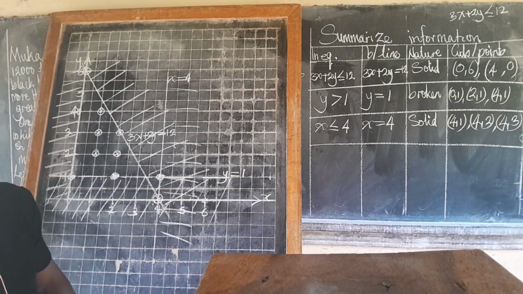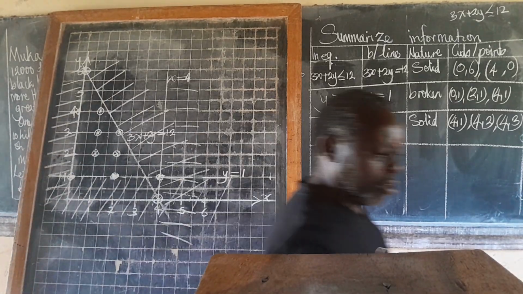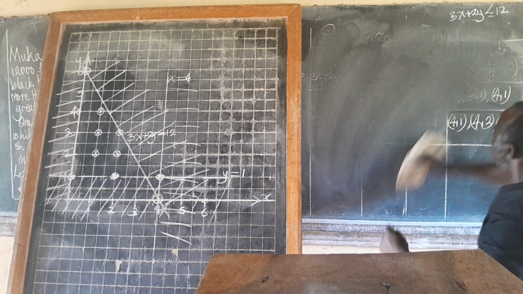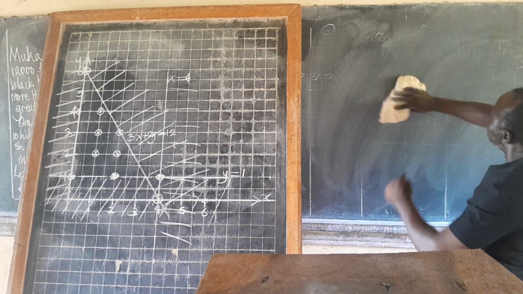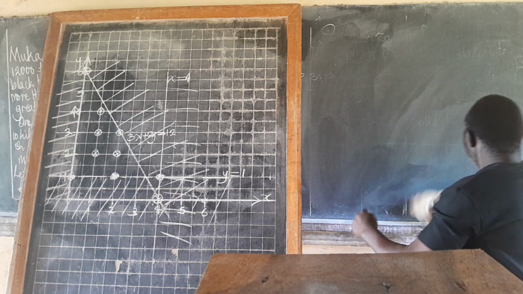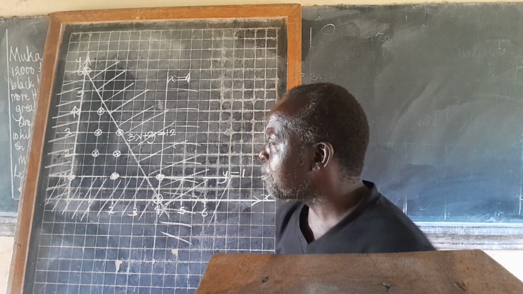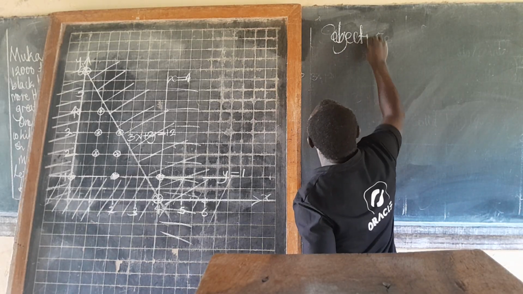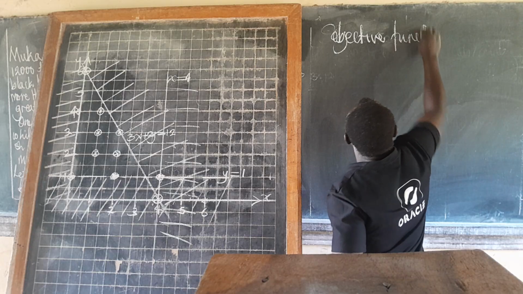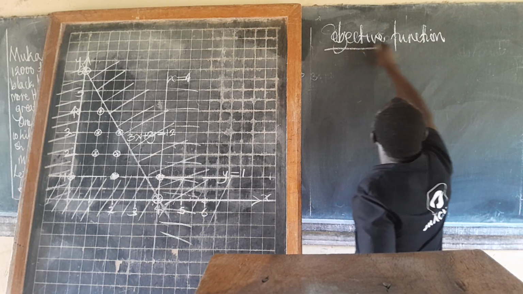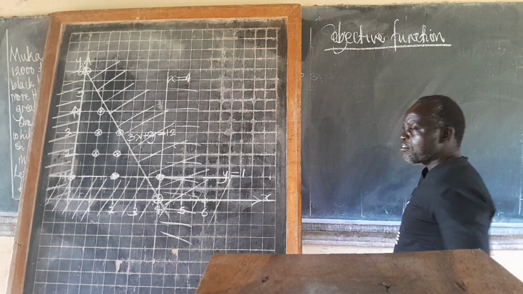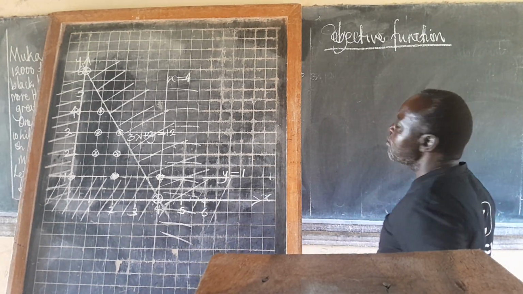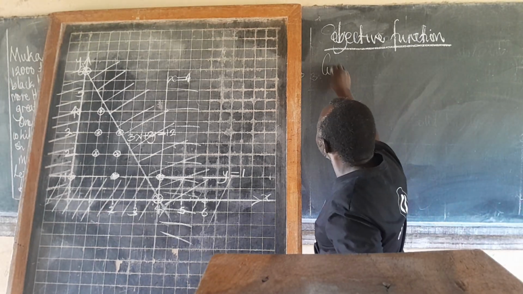Therefore, that drives us to what we call the objective function. For those who may be confused with this, please go back and refer to the previous sessions we had. The objective function refers to the cost.